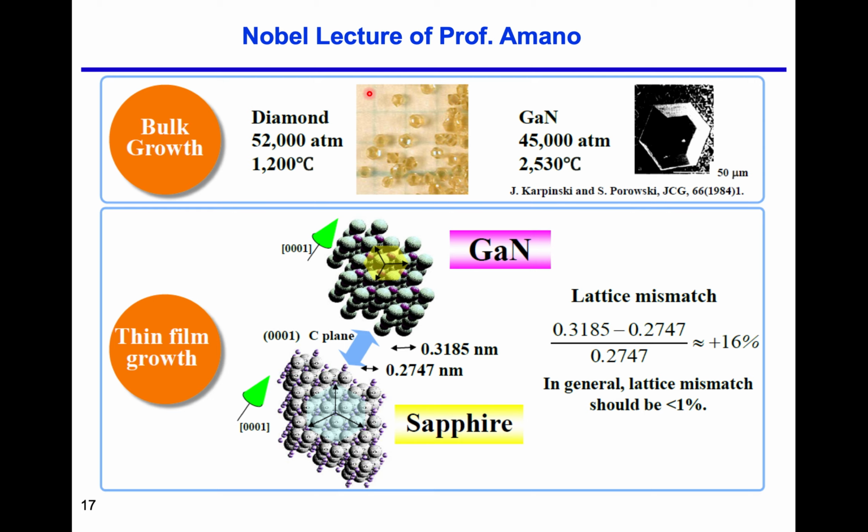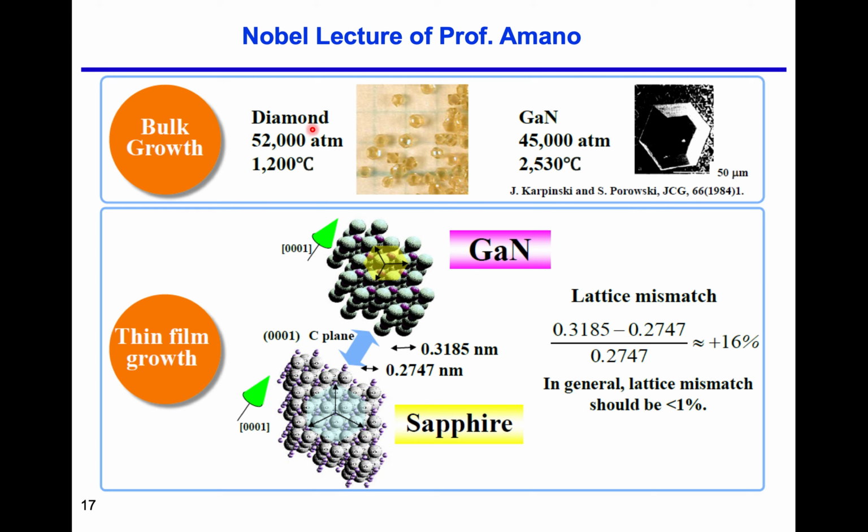Okay, so let's see, that is from the Nobel lecture of Professor Amano. So, for example, if you want to grow the substrate, or what we call bulk growth, if we want to have diamond, which is precious, right? Diamond is expensive, right?